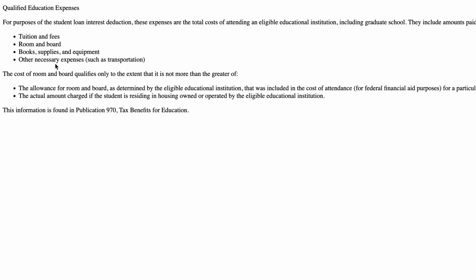So tuition and fees, room and board, book supplies and equipment, and then other necessary expenses. The cost of room and board only qualifies to the extent that it's not greater than either the allowance for room and board determined by the college that you went to, that was included in the cost of attendance, or the actual amount that you paid if you were living in student housing.